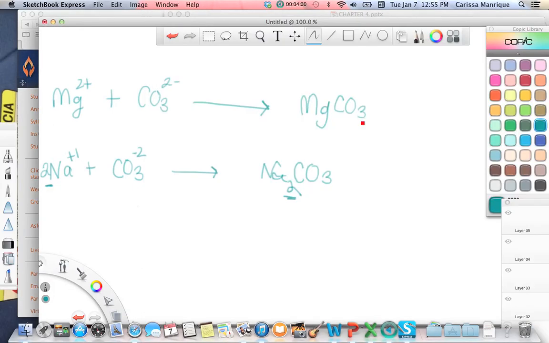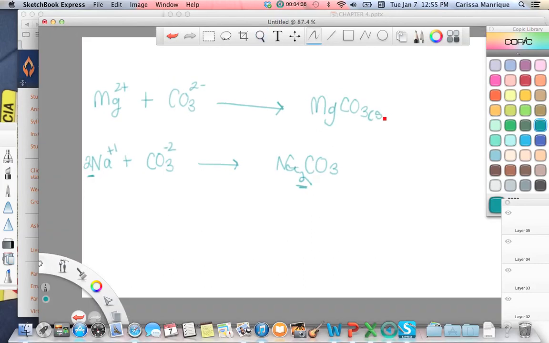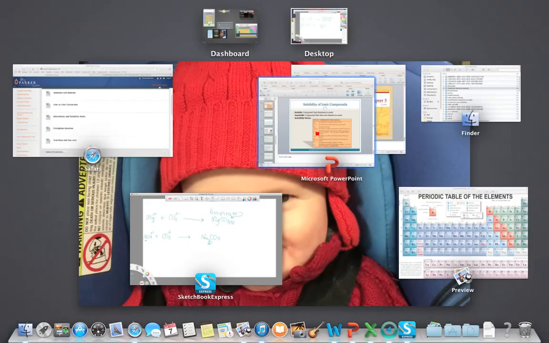If it's insoluble, we say it stays as a solid, meaning it doesn't dissolve. Okay, so this is a precipitate. That's fancy for saying it's going to stay as a solid.